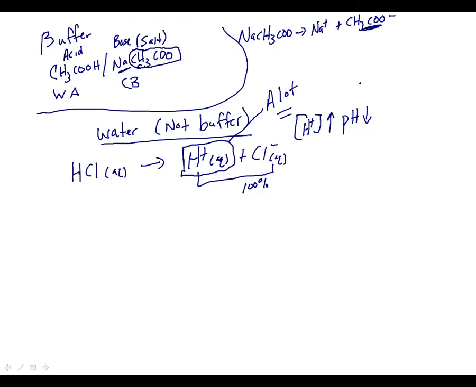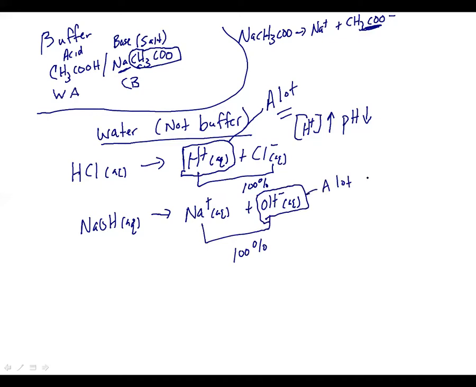The same thing would happen if we added sodium hydroxide, I'm sorry. Sodium hydroxide is a strong base, which means it's going to 100% break apart into sodium ions plus hydroxide ions. And 100% is what we're going to have here, just like above. But the difference is we have 100% of a lot of OH minus, made very quickly.